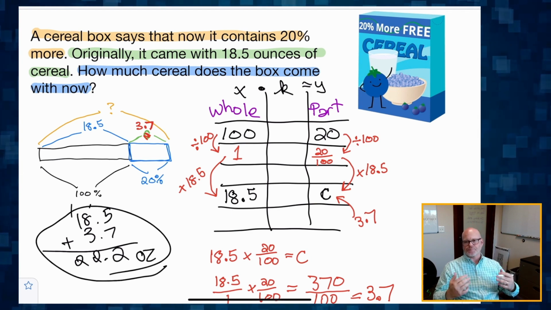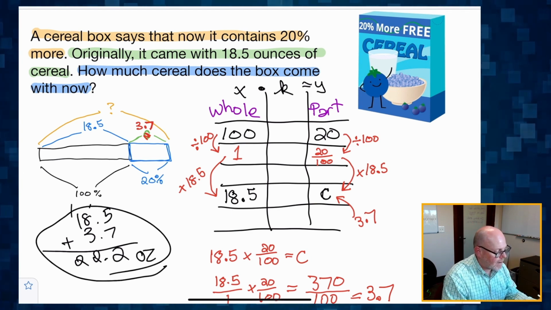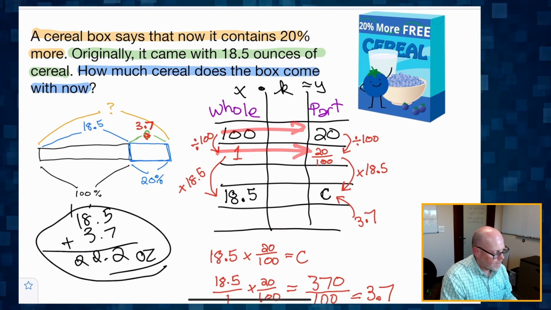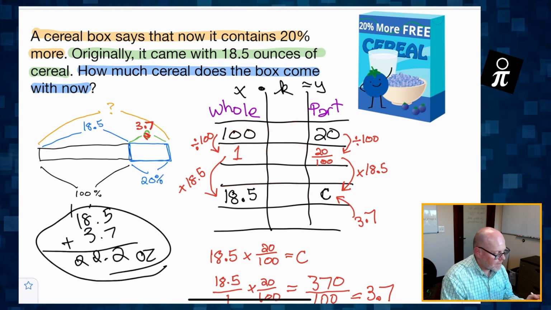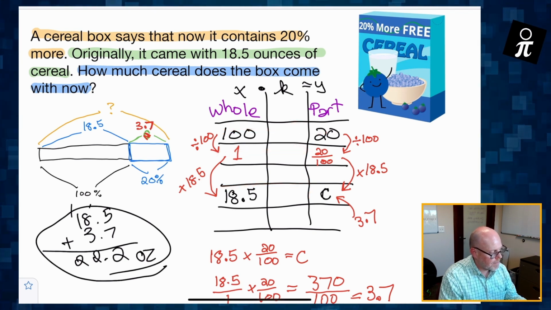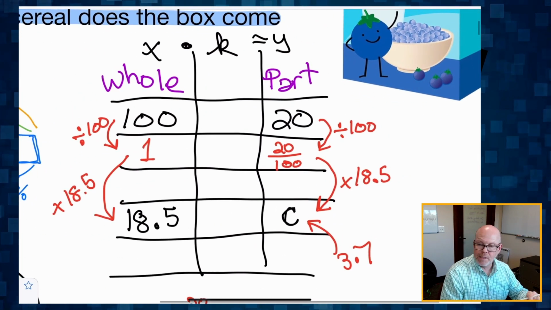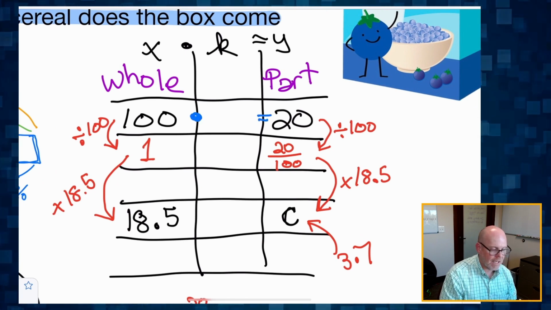Now, there's another way we could have done it. We could have looked for a horizontal relationship. Remember, let's do this in blue. I'm going to zoom in a little bit. 100 times something gives me 20.